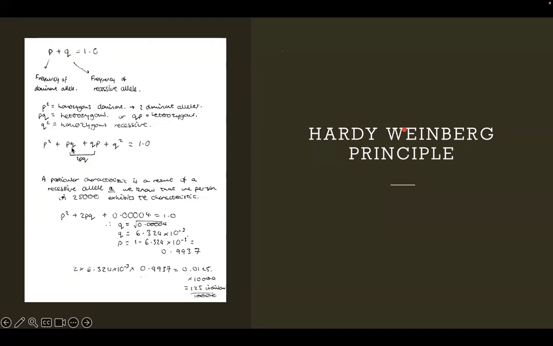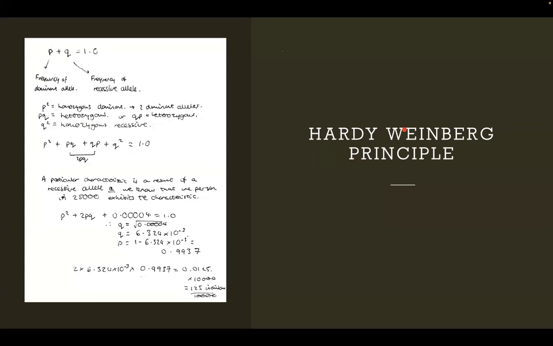Say p is big R and q is little r. That could be big R, little r, or little r, big R, and the combinations add together to get 2pq. That's why you use both p + q = 1, and extrapolate from that the frequency of a heterozygous person.